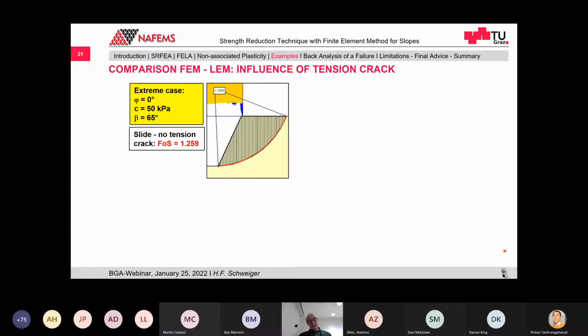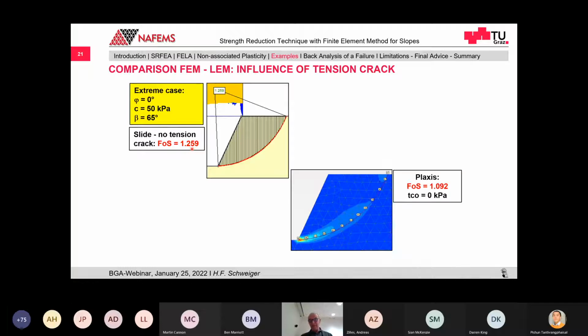Another issue, again, an extreme case. This is a limit equilibrium analysis where again a student was just running different friction, cohesion, etc. A couple of hundreds of analyses, and then in one he ended up with a factor of safety of, let's say, 1.26, and then he did a finite element analysis, everything standard, and he got only 1.09.